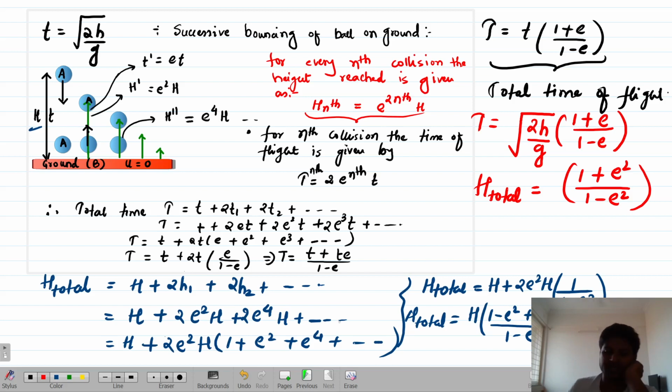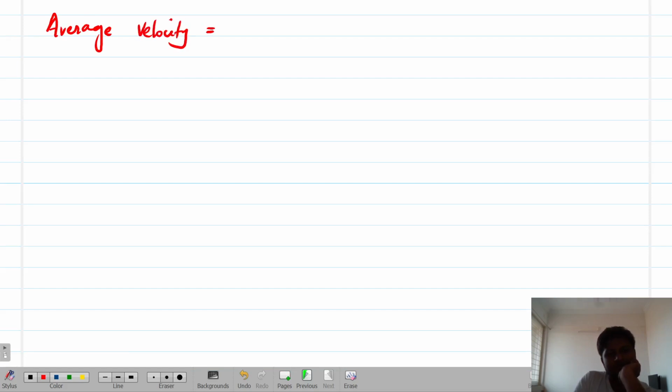So next thing is you can find the average velocity also. Average velocity is total distance traveled divided by total time. What's my total distance traveled?